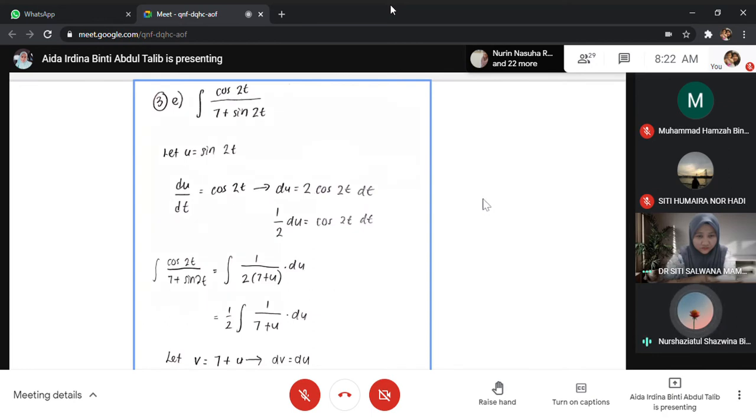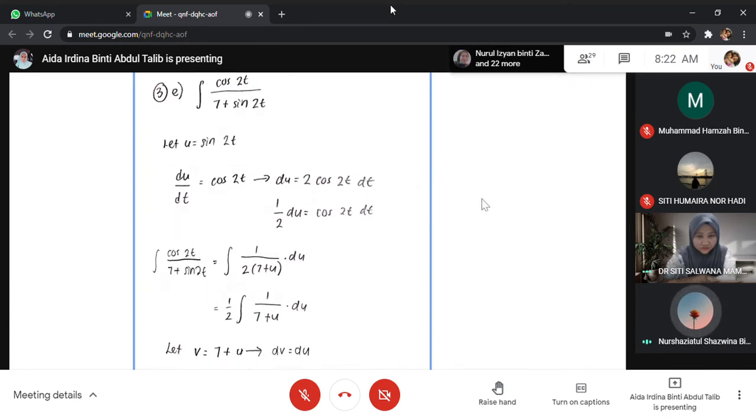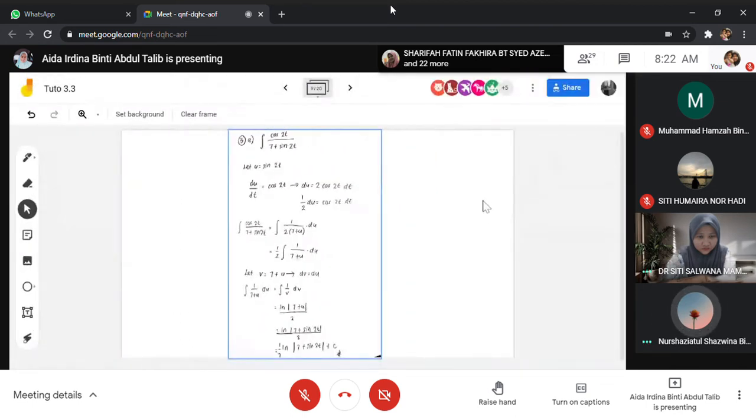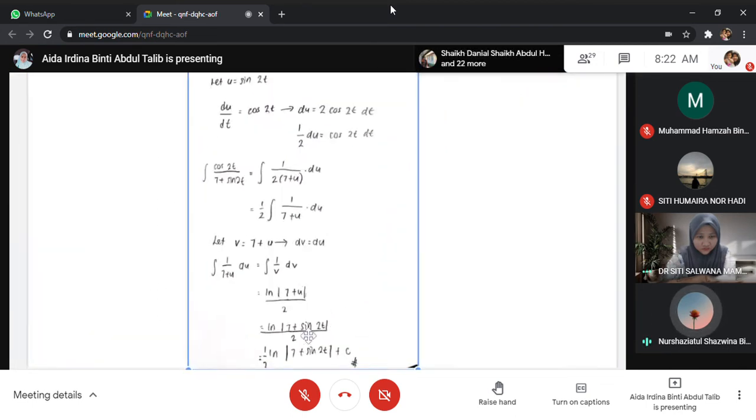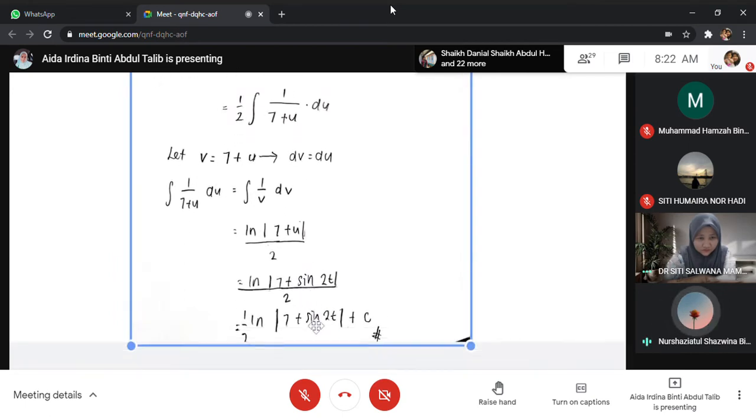Then I integrate by substitution on the integral of 1 over 7 plus u du. I let v equal to 7 plus u, and simplify, dv equals du. Using v and dv above, I write back 1 over 7 plus u du as the integral of 1 over v dv.